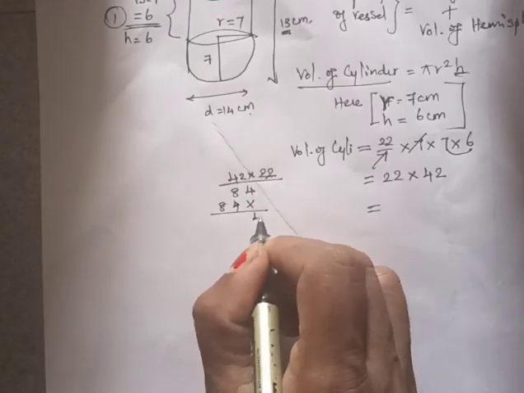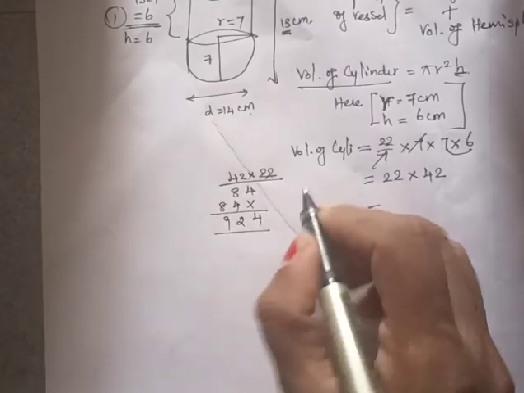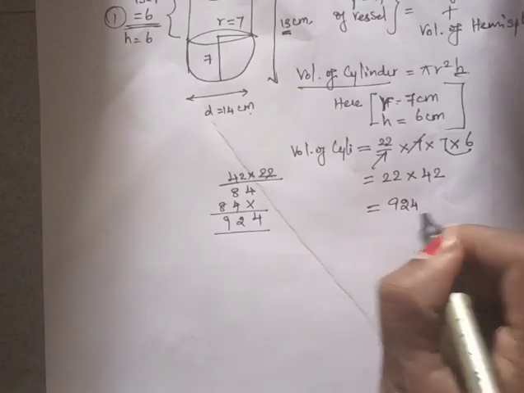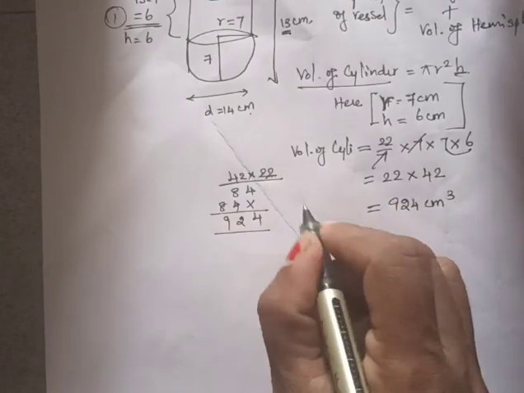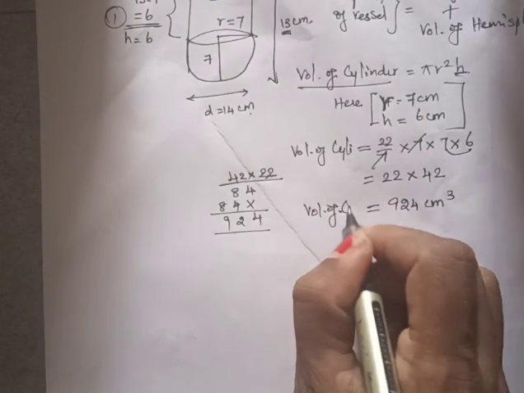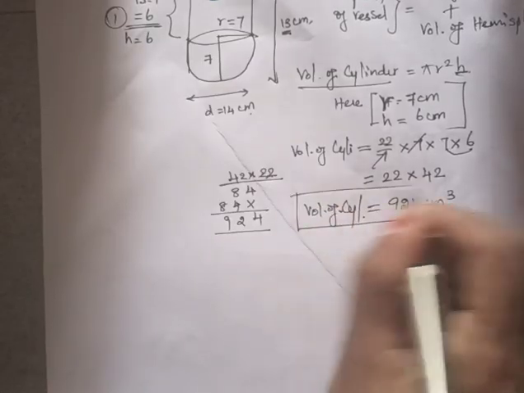Again 84, 4 1s are 4 plus 8 is 12, 9. 924 centimeter cube is the volume of the cylinder.